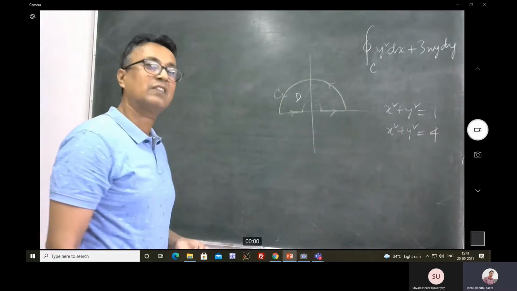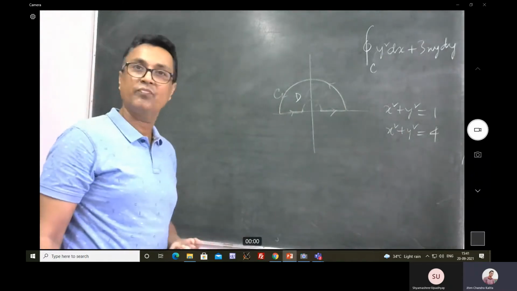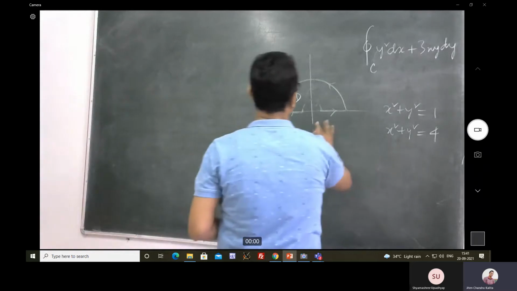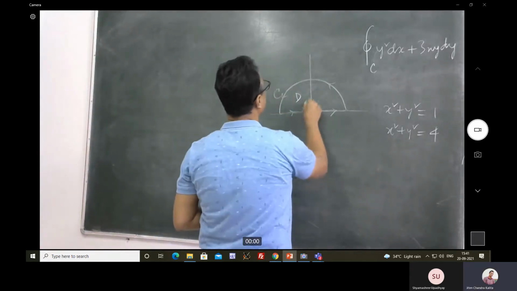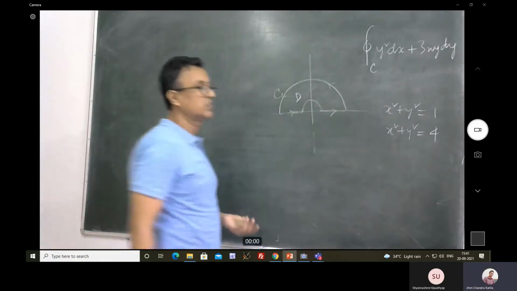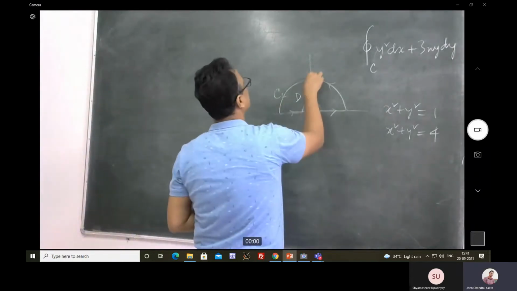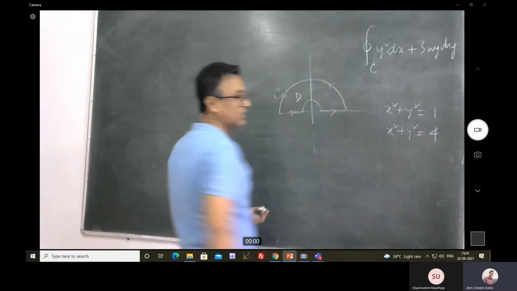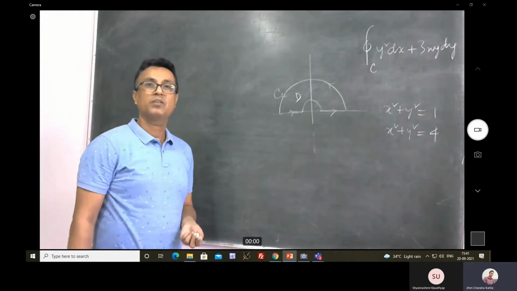What I would like to do is use Green's theorem to reduce it to a much simpler form. Obviously, you can see that this region D is not simple. But if you use this vertical crosscut, you can easily convert it into two simple regions.